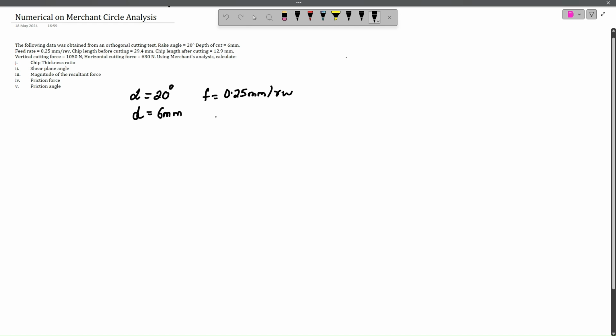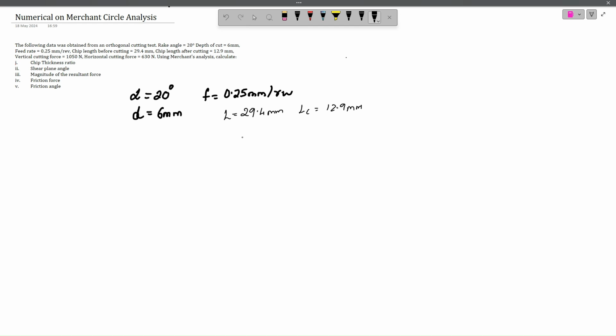And next we have the chip length. The chip length before cutting is equal to 29.4 mm and the length of the chip after cutting is 12.9 mm, where Lc is the length of the chip after cutting. And next we have the vertical cutting force.